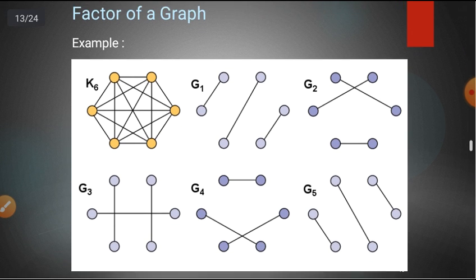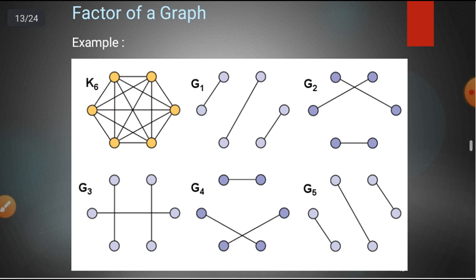Now again one more example of a factor of a graph. That means if there is a K6, K6 means you have to create that particular diagram with the help of only a one factor graph. So again there is only one possibility: you can put only one edge between two vertices, then only you can get 1 degree for each vertex.